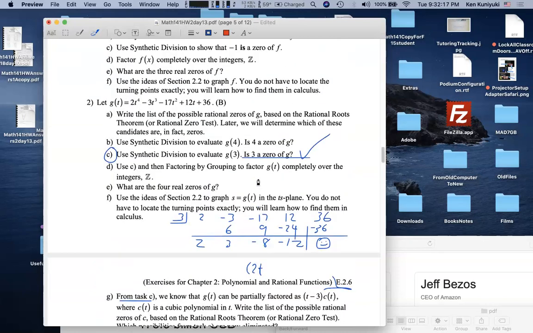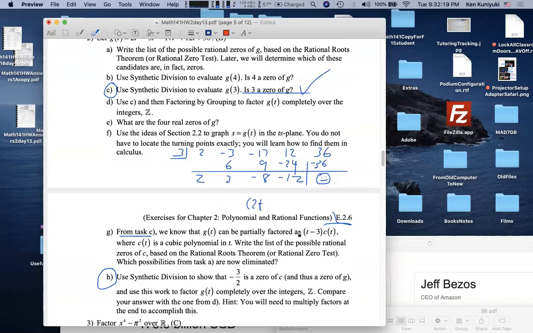We have a 4th degree divided by a 1st degree, so a 3rd degree: 2T cubed plus 3T squared minus 8T minus 12.